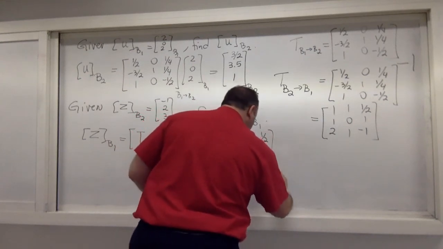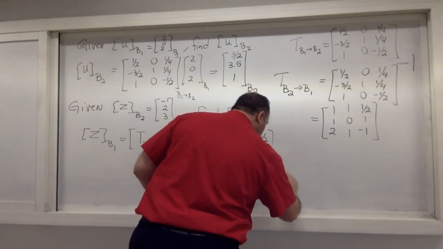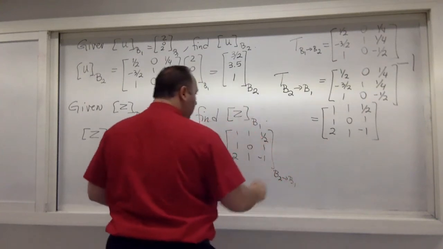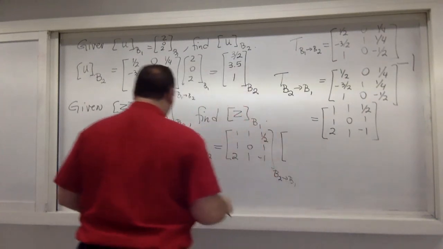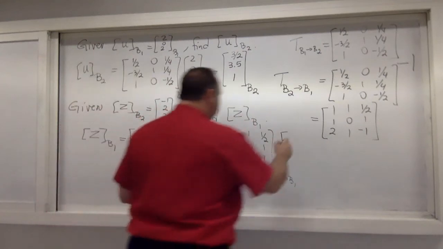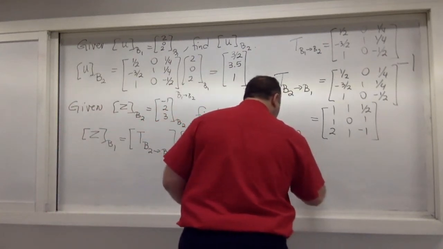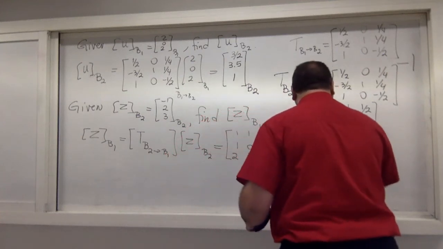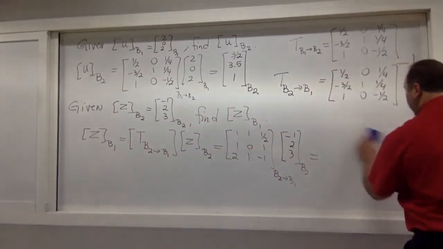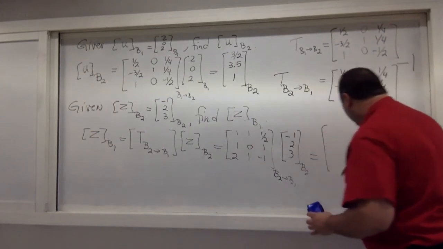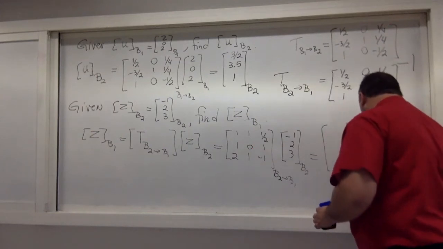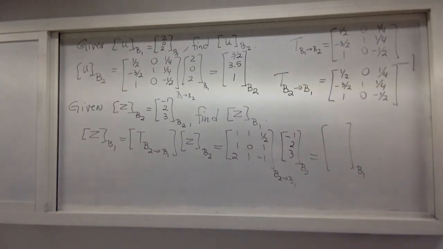So this is going from B2 to B1. And I'm taking my coordinates of Z in B2, which are given here: -1, 2, 3. And do all the computations to get the result, which are the coordinates in basis B1.